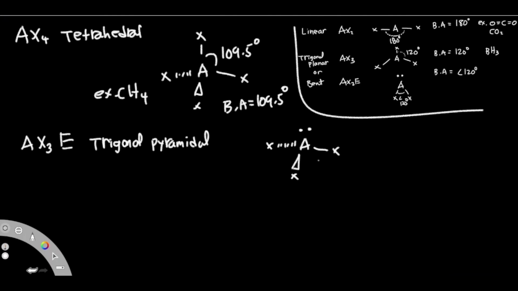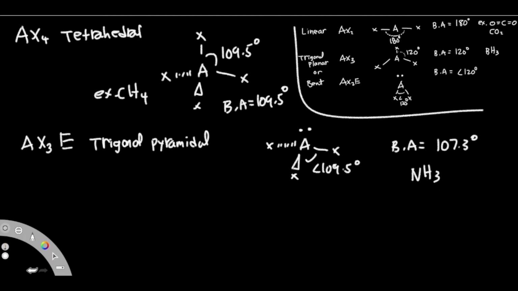So the bond angle, instead of 109.5, it's going to be less. So this one would be less than 109.5. If you want to be extremely accurate, I believe it's 107.3. Different textbooks have it differently, but what I'm seeing here is 107.3 degrees. An example, we already looked at it, was ammonia, NH3.